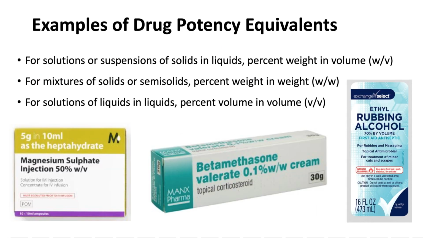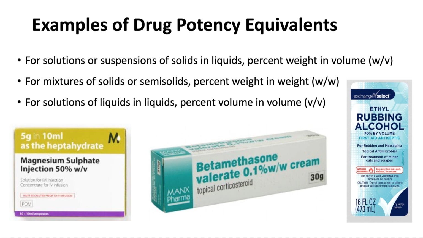And I just wanted to show you some visual examples of how this is a very common way, this percent expression, whether it's weight per volume, volume per volume, or weight per weight. These are oftentimes the way we label our commercial products, and we're going to have to be able to make calculations and be able to formulate these products, so we have to be able to understand that.